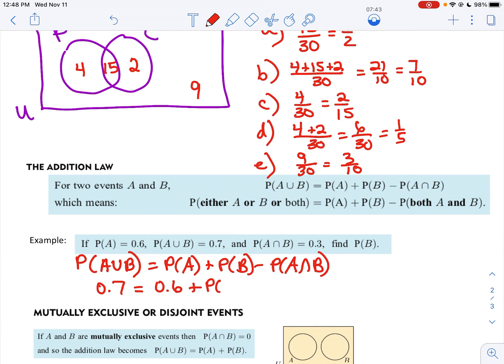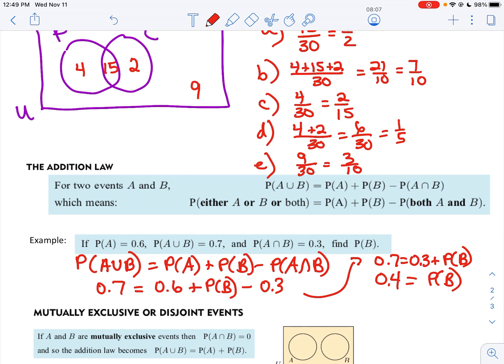I don't know the probability of B, that's what I'm looking for. And the probability of A intersect B is 0.3. So go ahead and solve that for me and tell me what you get. And I got the probability of B is 0.4.